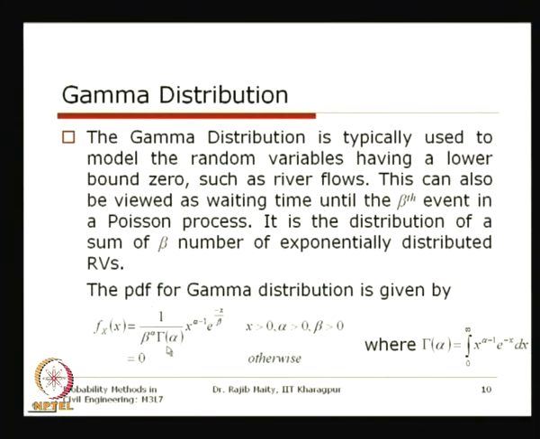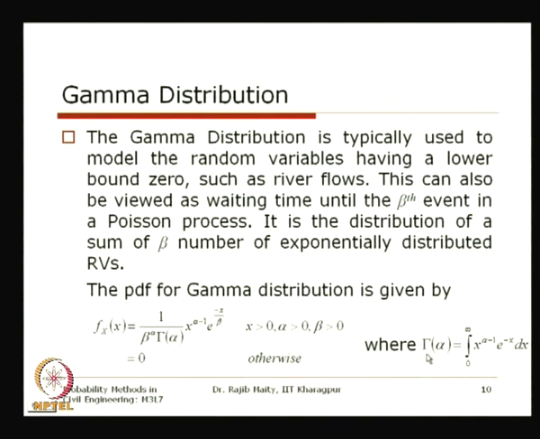The gamma distribution looks like this: f(x) = 1 by beta power alpha gamma alpha, x power alpha minus 1, exponential minus x by beta. The support is x greater than 0, both parameters are also greater than 0, and otherwise it is 0, meaning on the negative side the PDF is 0.